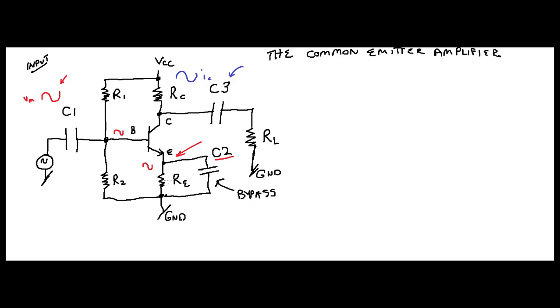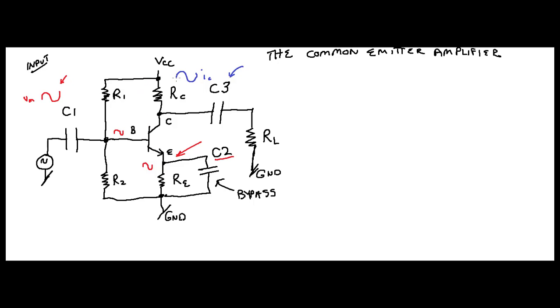Now, here's the thing. Your current going through here, if your voltage goes up, since your resistance here is constant, that means your current is going to increase. If your voltage goes down a little bit, that means your current is going to decrease. Get it? So your current is going to do the same thing as your voltage. But look at it in this way.